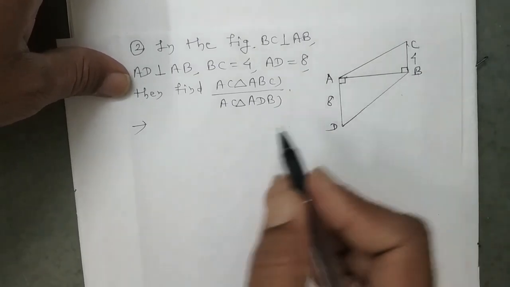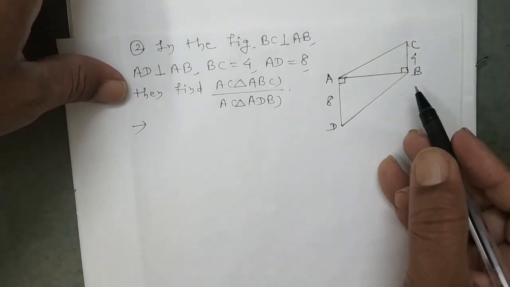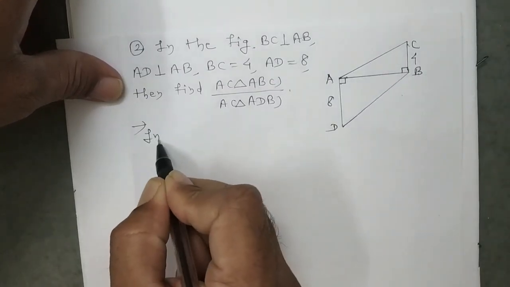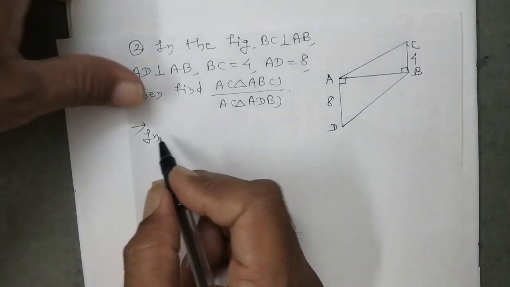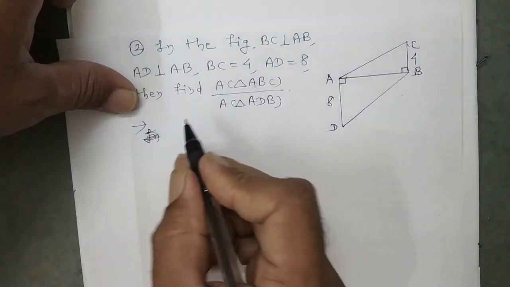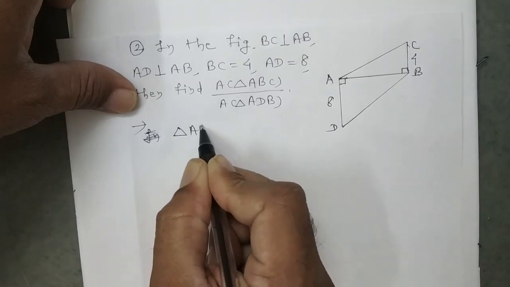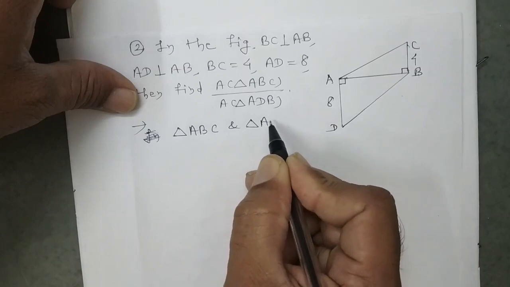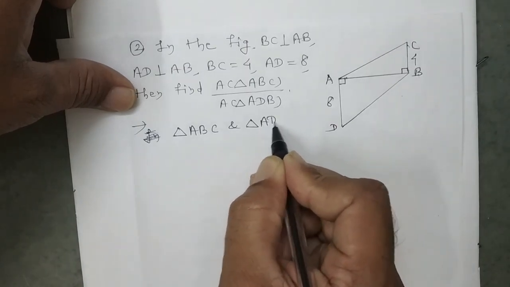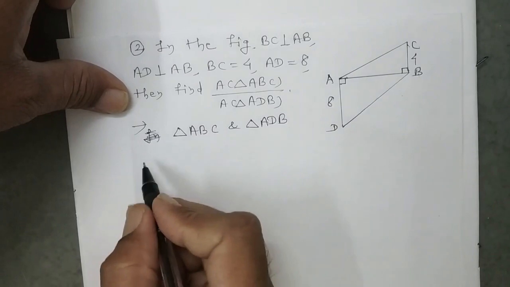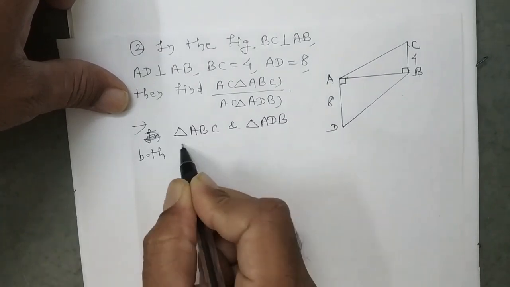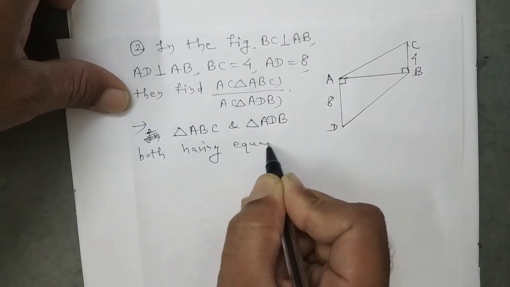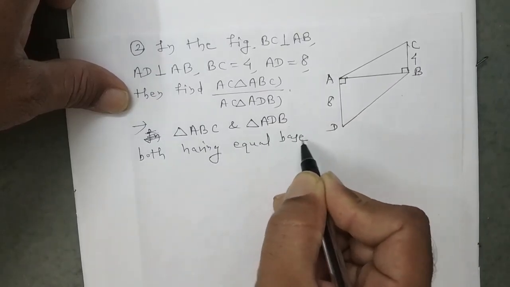Now from this figure we can see that in triangle ABC and triangle ADB both having equal base AB.